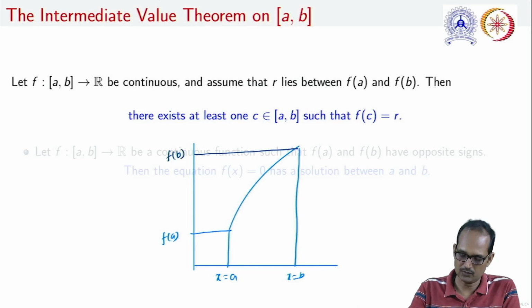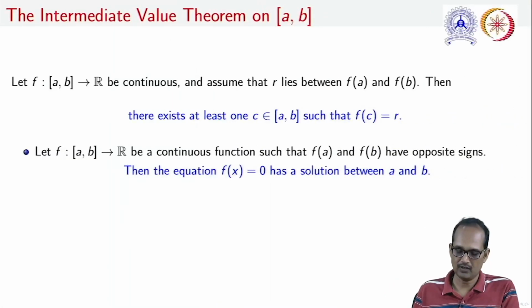So what this theorem says is that if we are taking any element in between f of a and f of b, let us take this is r, we can find an element c here that is in between a and b such that this f of c is equal to r.